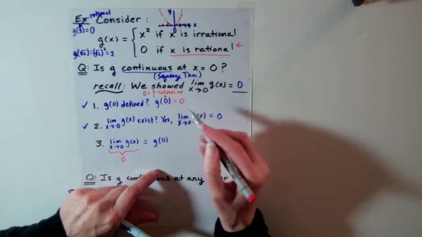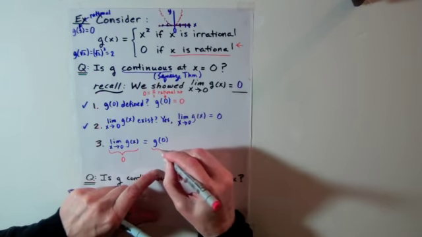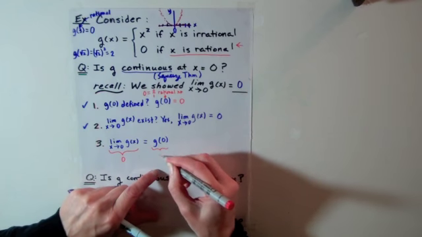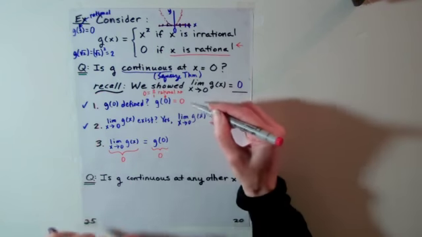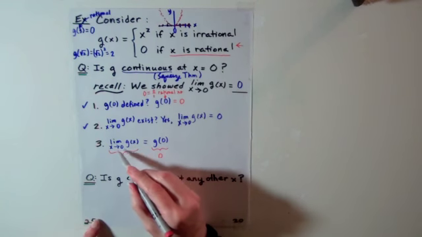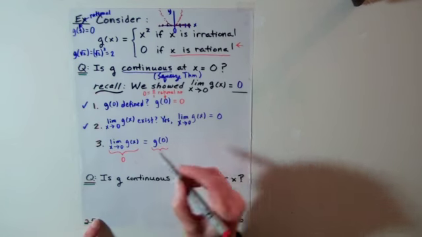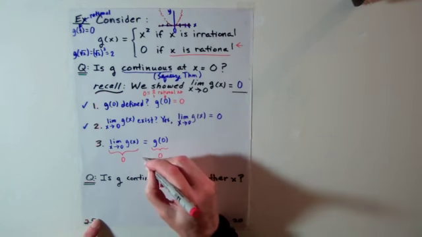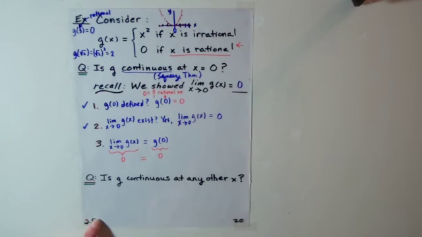And in part 1 we said that when we plug 0 into the function, since it is a rational number, we get 0 as an output. So the limit is 0 and g of 0 is 0. Those two are definitely equal to each other.